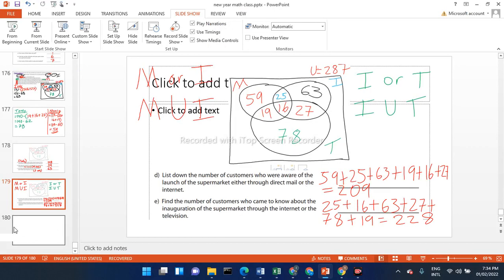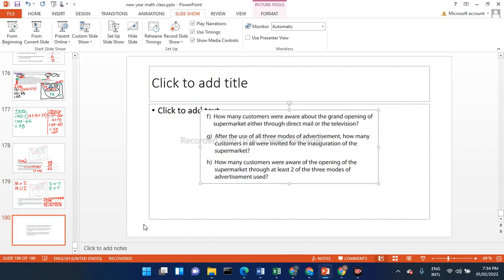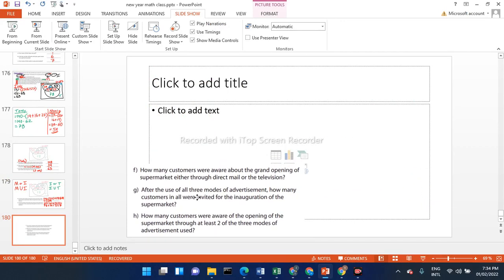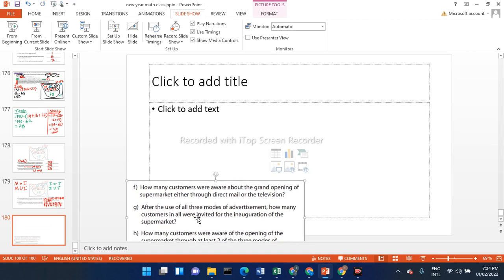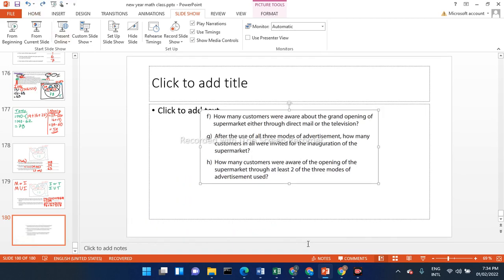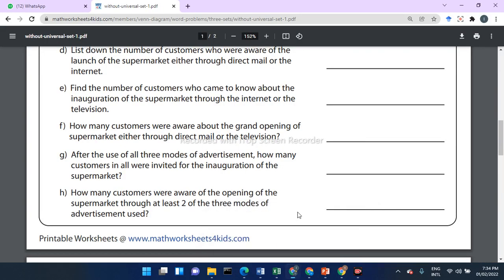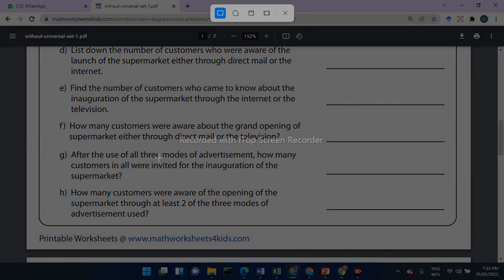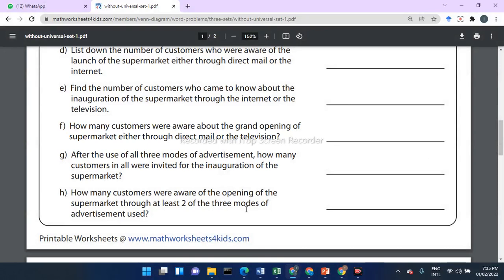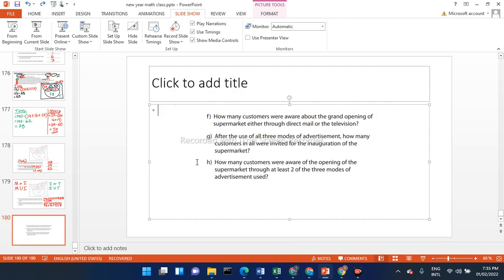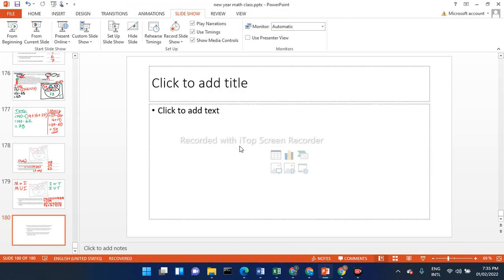They're asking for the union. Sorry, let me do something else. I'm so sorry. What do you get for that one? Number F. If you tried it before, what did you get for that?